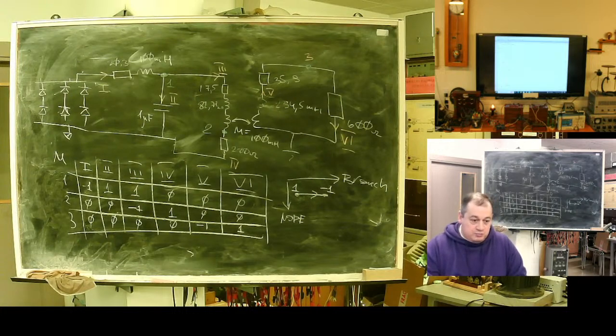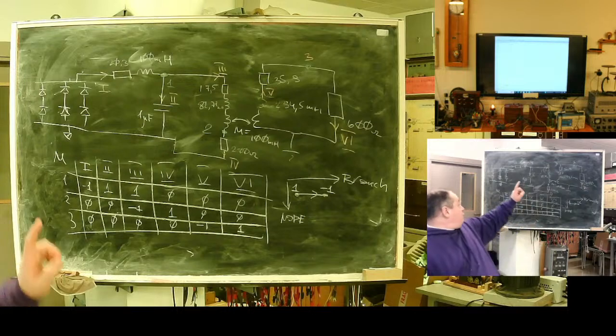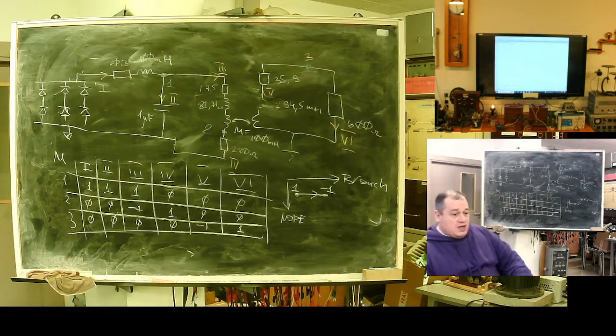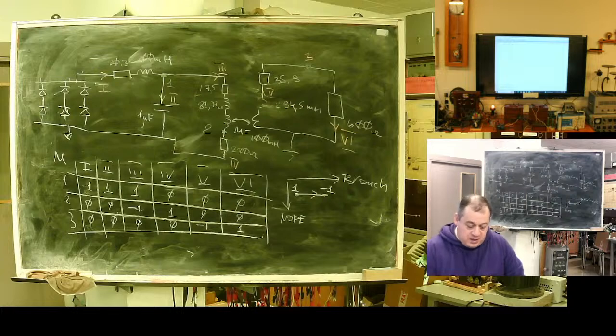I have only one source in the first branch, and it's C from K. It should be complex: complex of C from K minus X from K. It's for the first branch, and 5 zeros. 1, 2, 3, 4, 5.